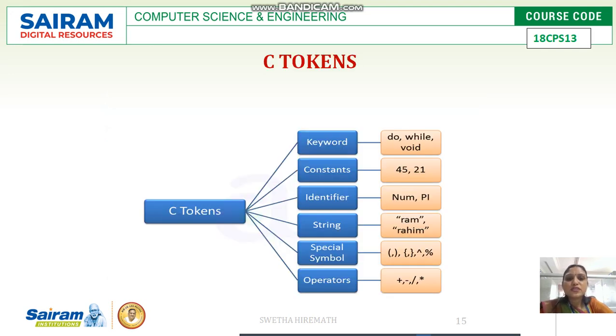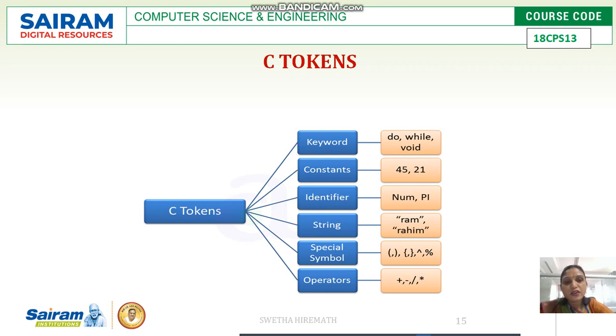Next, moving to the C tokens. C tokens are divided into keywords, constants, identifiers, strings, special symbols and operators. First, keywords are the words which have a predefined meaning.